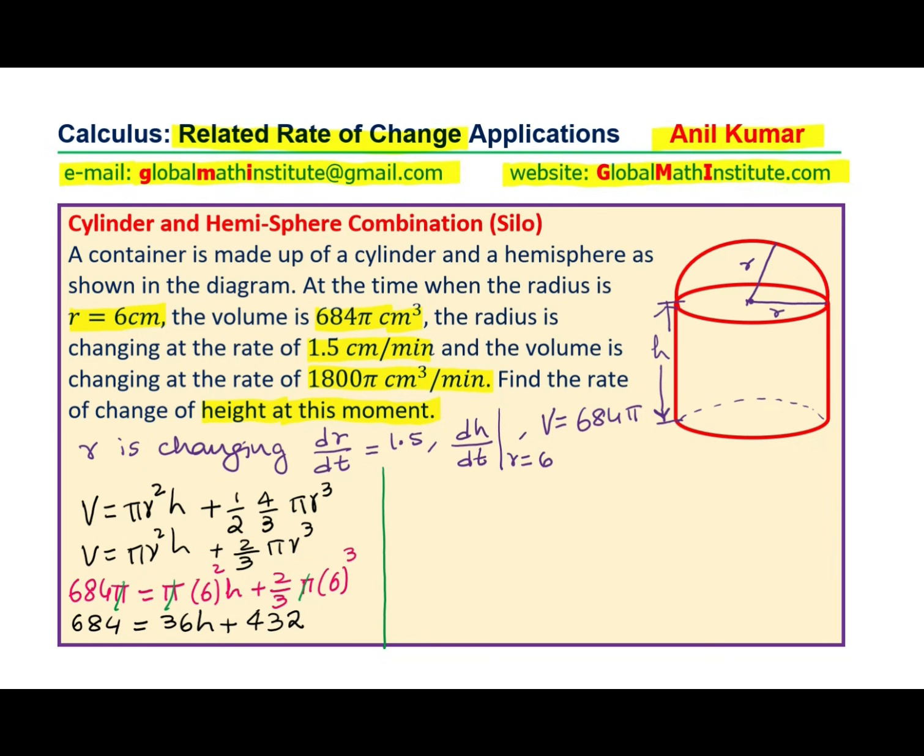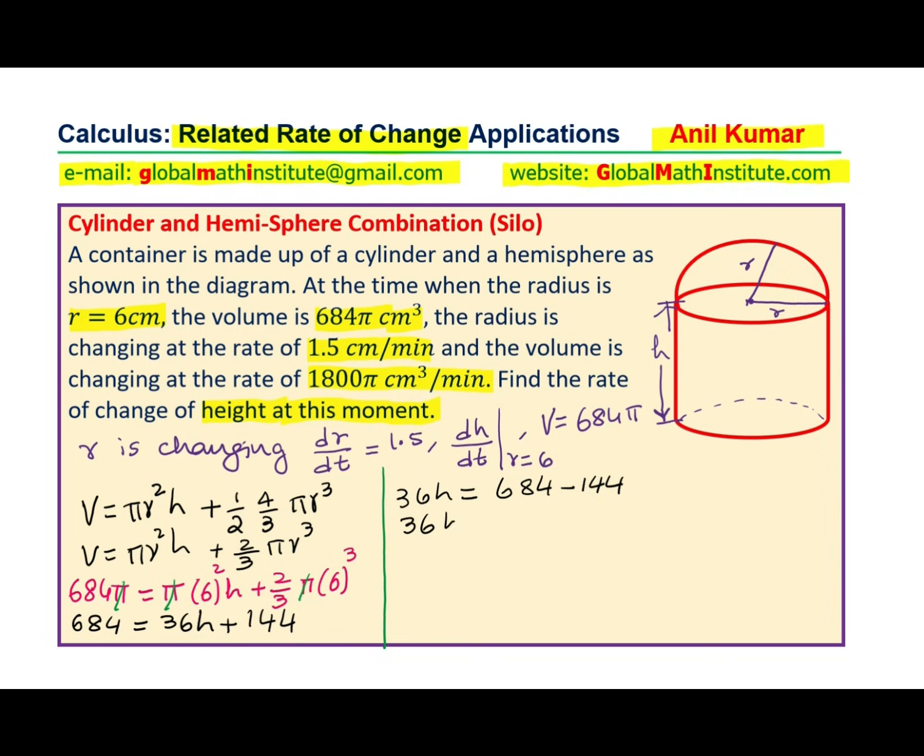Correct? Divide by 3. We have to divide by 3 also. So 432 divided by 3 is 144. Correct. So 2 times 6 cube divided by 3 gives us 144. Okay. So 36h equals 684 minus 144.